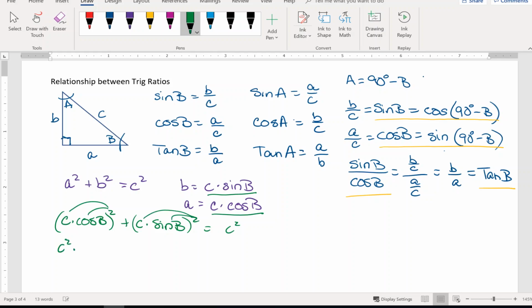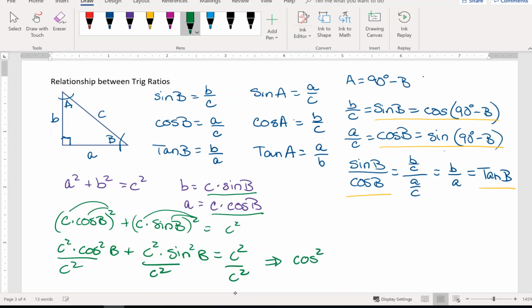So c squared times cos squared b plus c squared times sine squared b is equal to c squared. And you'll notice c squared is common to every term, so I can divide every term by c squared, and that gives us cos squared b plus sine squared b is equal to 1. And that is another one of our relationships.